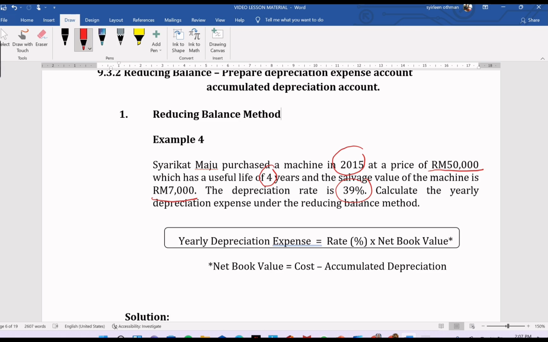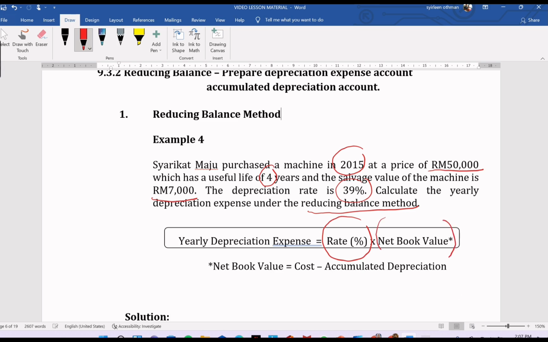So we are to calculate the yearly depreciation expense by using the reducing balance method. Using the reducing balance method, you're going to take the percentage given, that is the rate, and then we will multiply with the net book value.